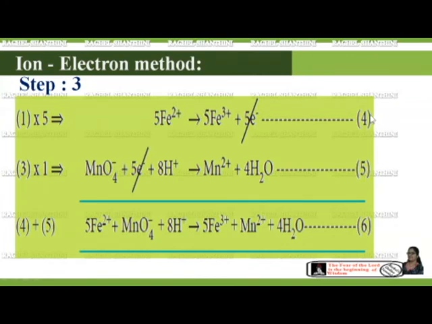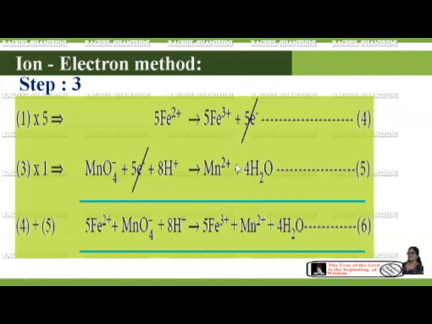Now, let us add equations 4 and 5. We have 5 electrons on the right hand side in equation 4 and 5 electrons on the left hand side in equation 5. So we can cancel the 5 electrons in equation 4 on the right hand side and the 5 electrons in equation 5 on the left hand side.